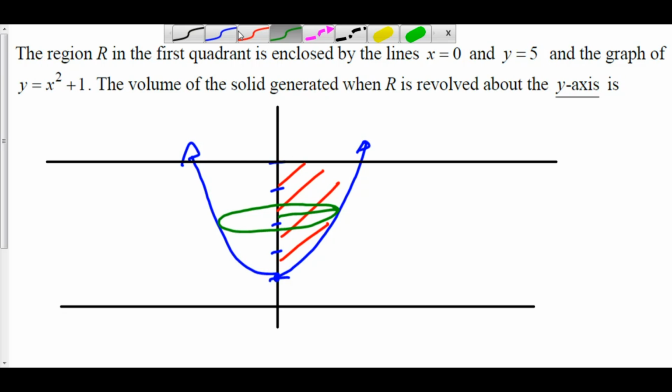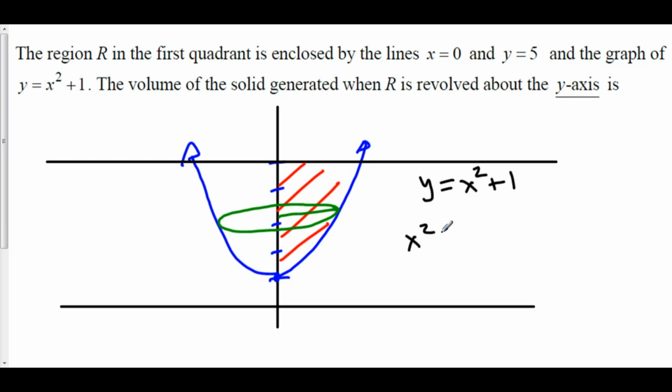However, first we have to get our function y equals x squared plus 1 in terms of y, because our cross sections are perpendicular to the y-axis. So that means that x squared is equal to y minus 1, and furthermore x is equal to plus or minus the square root of y minus 1.